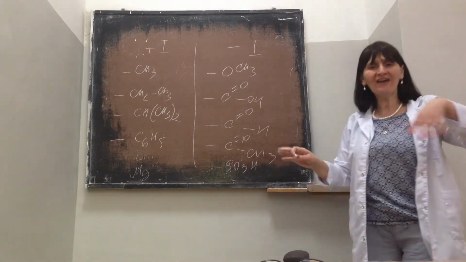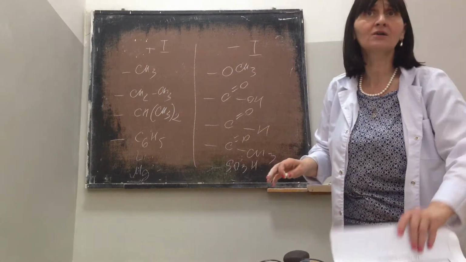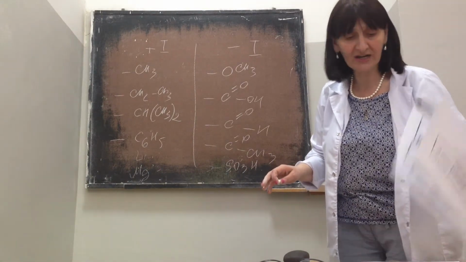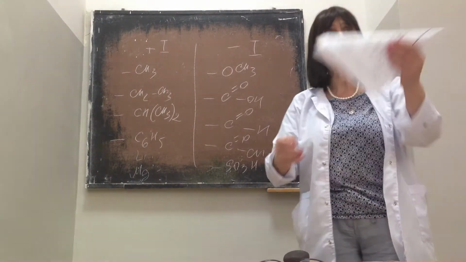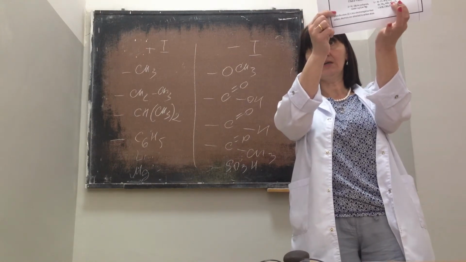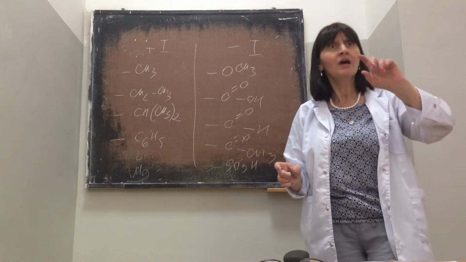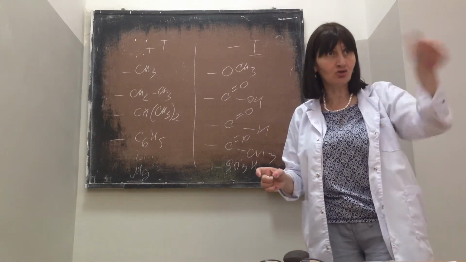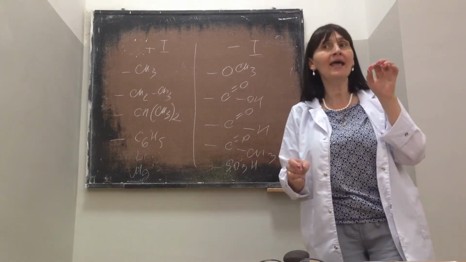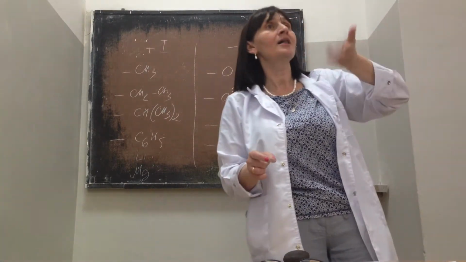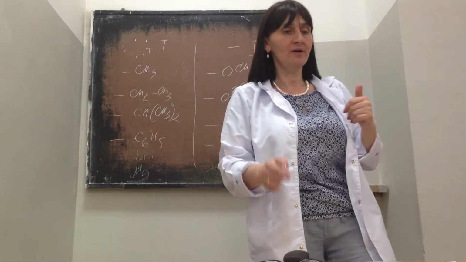Any of these groups. In my papers, you have all these groups, and which one has a minus inductive effect and which one has a plus inductive effect. You see here. What does it mean? It means that the atom which is connected directly to this carbon has higher electronegativity than the carbon atom.